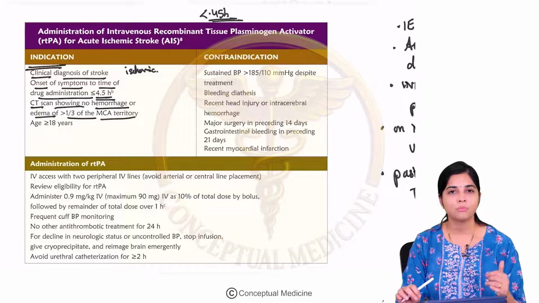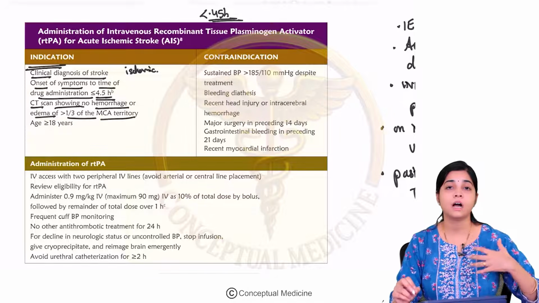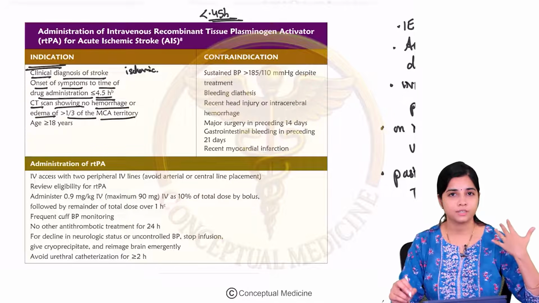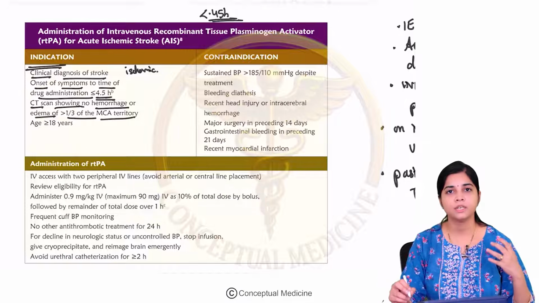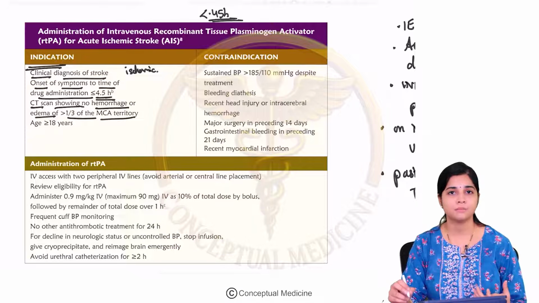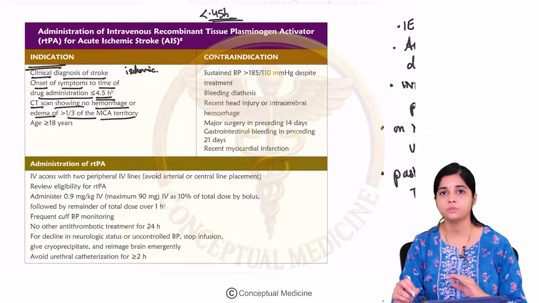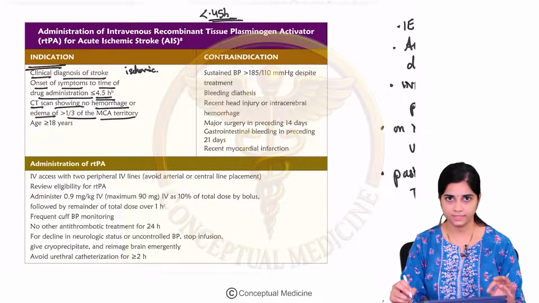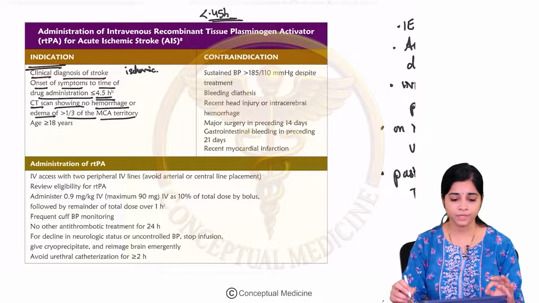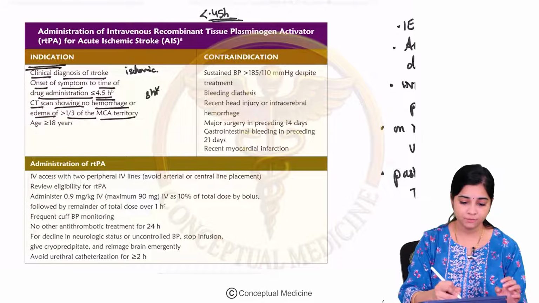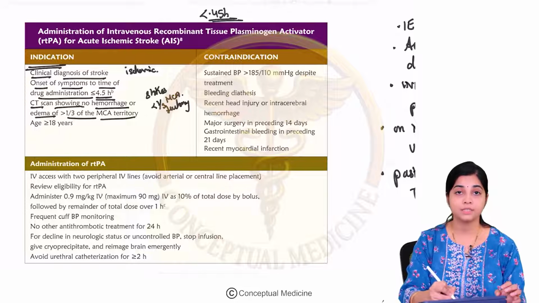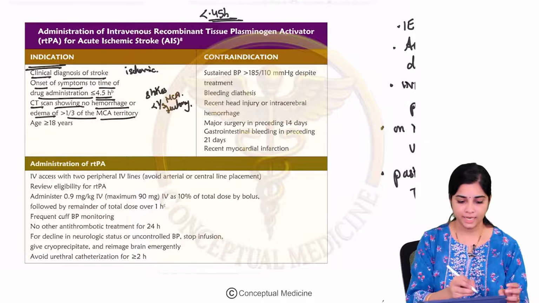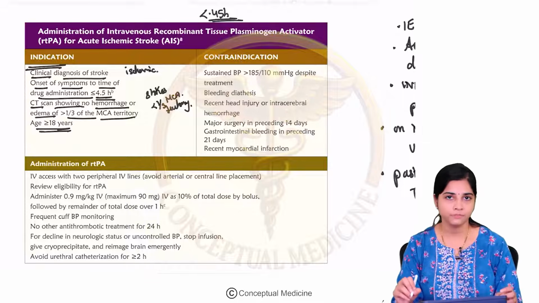That means thrombolysis cannot be done in large strokes or if there is a complete MCA occlusion, where the entire MCA territory is gone, because the patient has high chances of cerebral edema. In these patients, you do not undertake a thrombolysis. Strokes have to involve less than 1/3 of the MCA territory, and the age is more than 18 years.